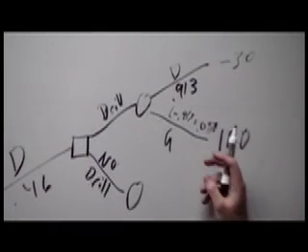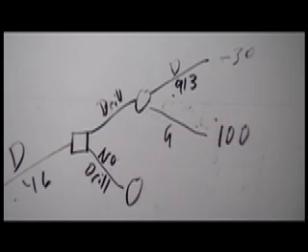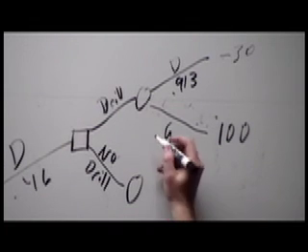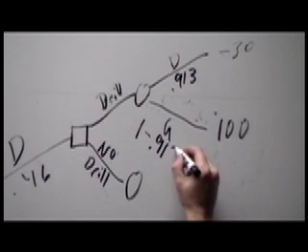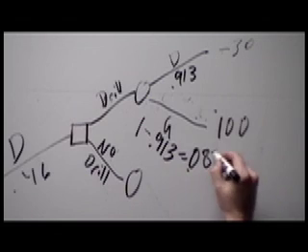I know that was very, very small. Can everybody read this? Okay. Let me do it here. 1 minus 0.913 is equal to 0.087.